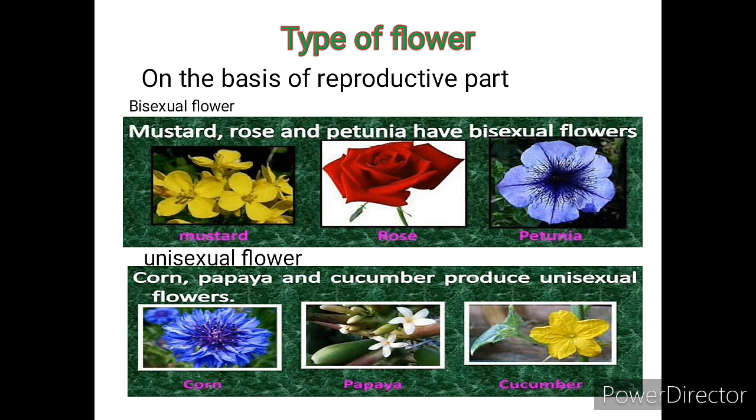Now let's have a discussion on types of flowers. On the basis of reproductive parts, the flowers are divided into two types: bisexual flowers and unisexual flowers.